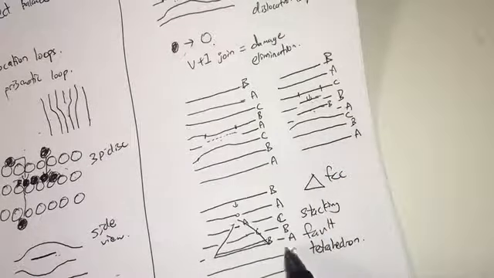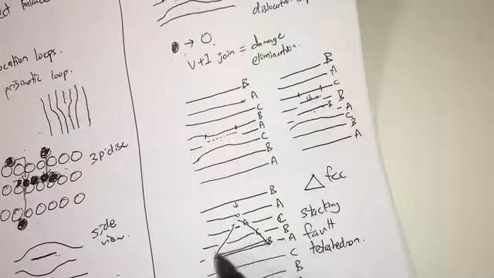So what's a stacking fault? Well, normally here, this whole plane here should be A, but instead it's half being filled by a B. This should be a B plane, but is filled by a C plane.